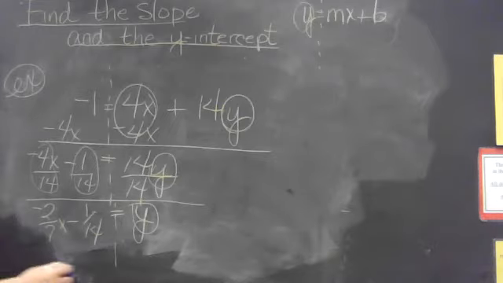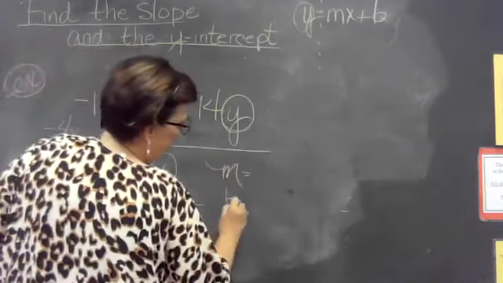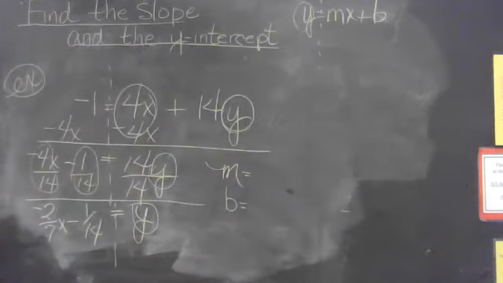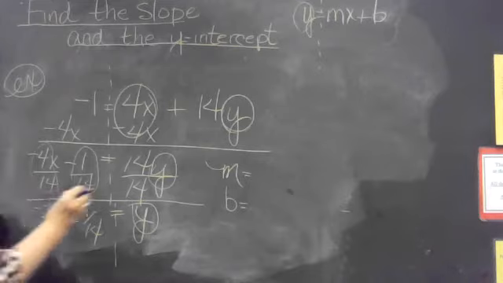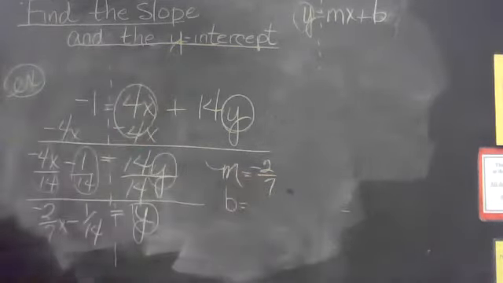Yes. So now we can find out what the slope is and what the y-intercept is. Slope, negative 2/7. Y-intercept?